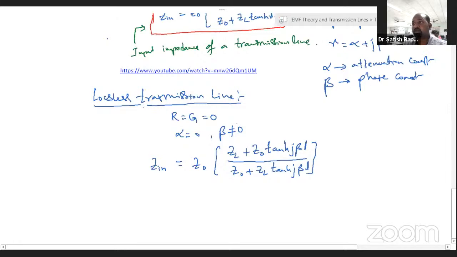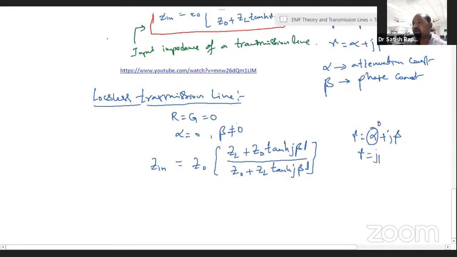Keeping this in mind, let us determine the input impedance of a lossless transmission line. The input impedance expression we know is Zin equal to Z0 times (ZL plus Z0 tanh gamma L) over (Z0 plus ZL tanh gamma L), because gamma is equal to alpha plus j beta and alpha is 0.